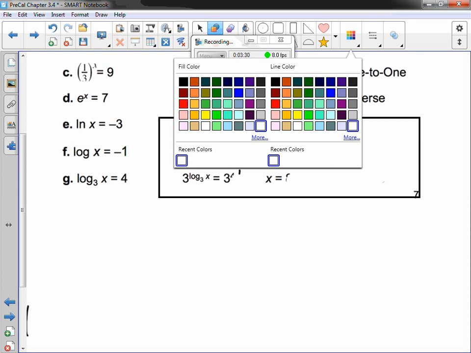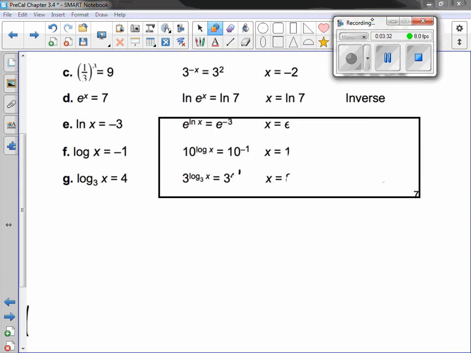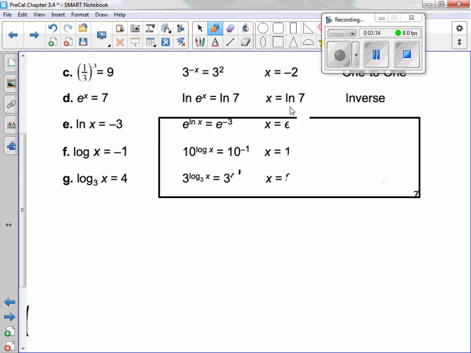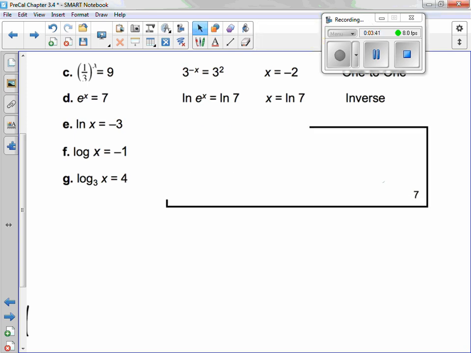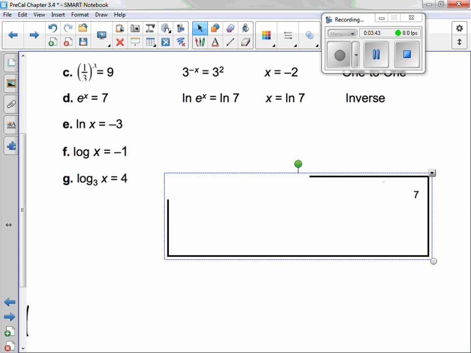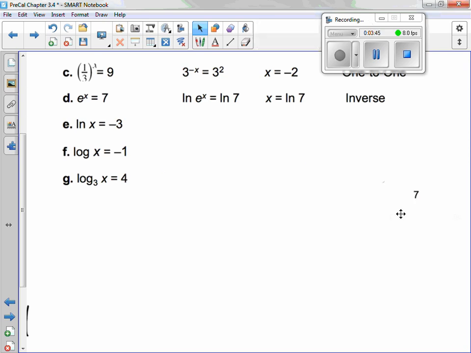White, white. Okay. There we go. That'll work. Let's see if I can do this. Wait, there we go. Okay. Now that worked for that one, that's fine.